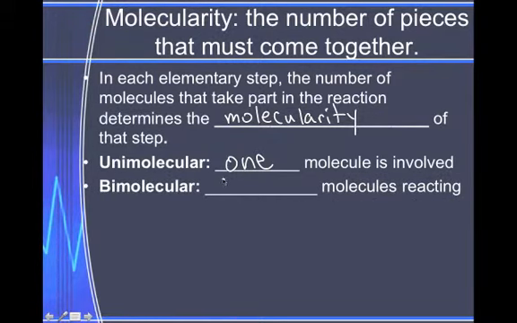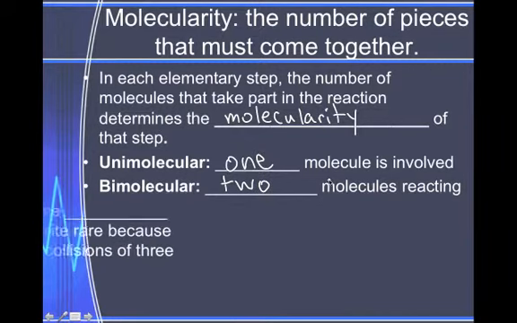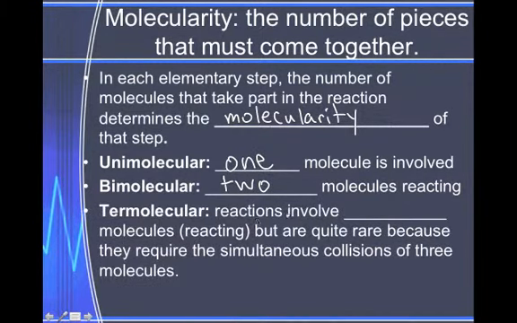And of course, for a bimolecular reaction, you need 2 molecules that collide into one another. And termolecular involves 3 molecules. It would be pretty rare to have more than that because even a termolecular would be rare. It requires the simultaneous collision of 3 molecules all at the same time.